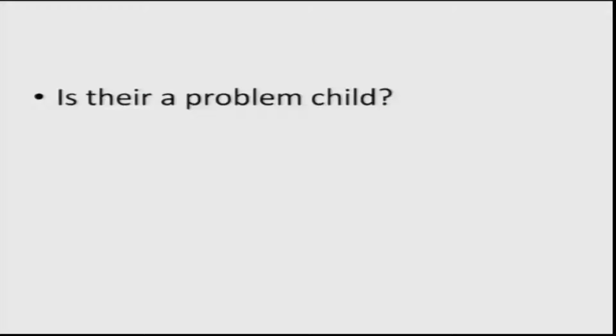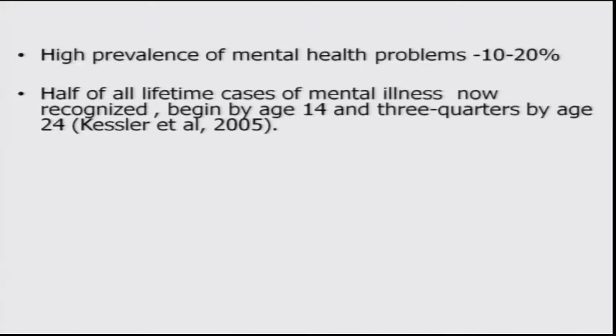For the time being, let us look at the data which is available from epidemiological studies and from clinics all across the world. To answer this question from the perspective of a clinician and a mental health professional, the data suggests that there is a high prevalence of mental health problems, almost 10 to 20% in a population.